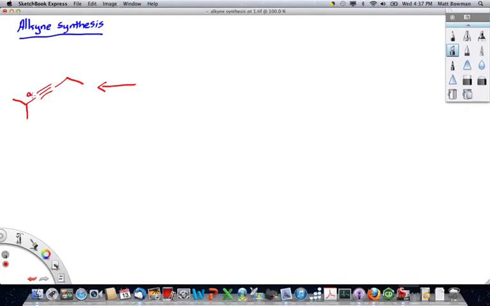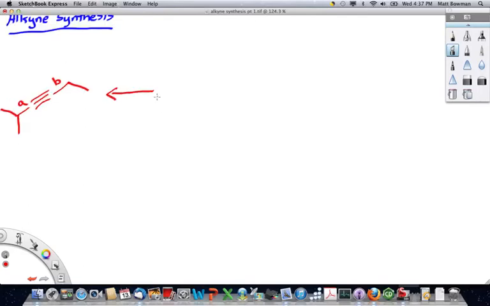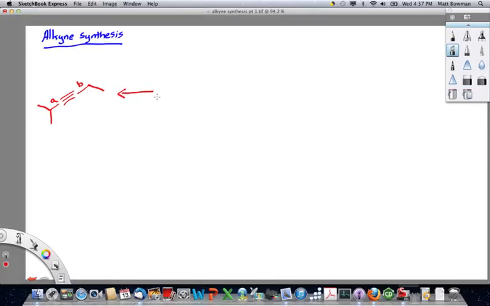Here we have two choices, A and B, to make this molecule. Choice A means the leaving group goes on the sp3 carbon and the sodium goes on the acetylide. Choice B: sodium goes again on the sp carbon, and the leaving group goes on the sp3 carbon.